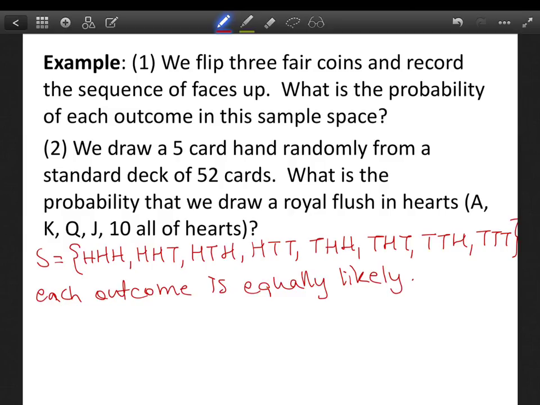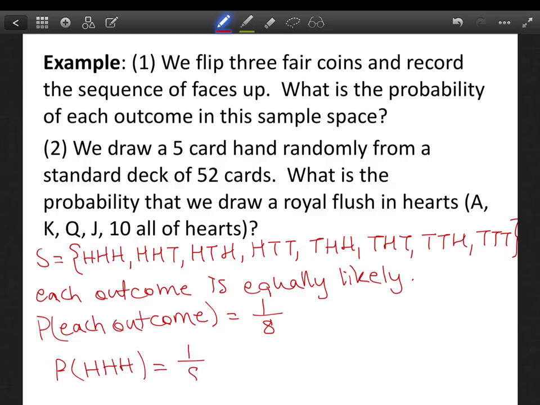Since there are 8 total outcomes, and I know that the sum of the probabilities of each has to add up to 1, the probability of each outcome is going to be 1/8. So for example, the probability of all 3 coins being heads is 1/8.